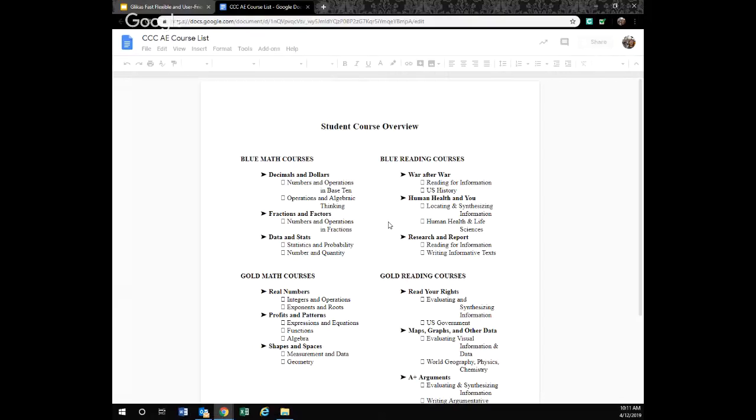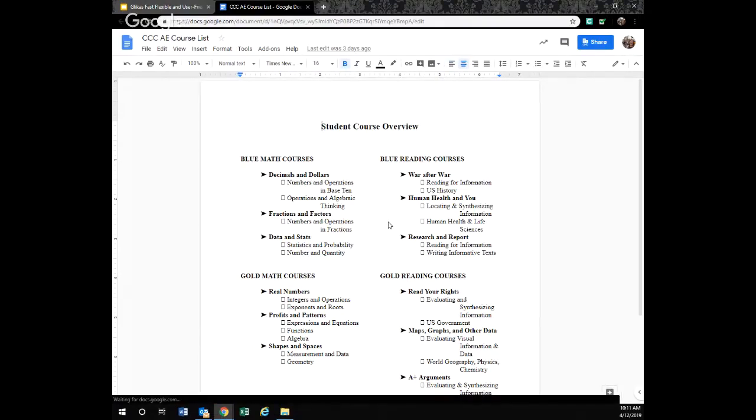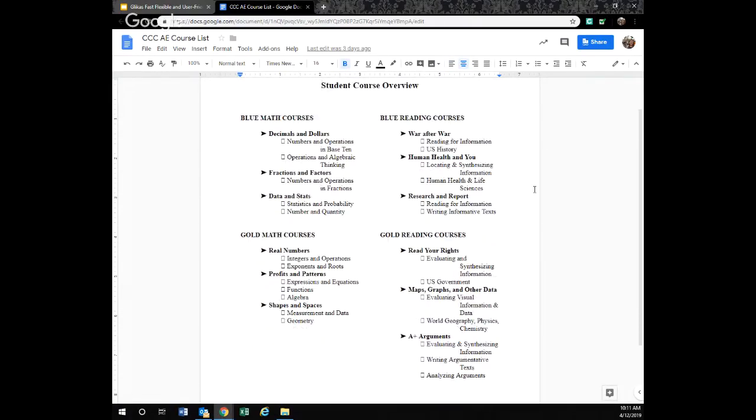And so going into our course overview, this is kind of what it looks like. For our math classes, they're pretty standard. What we've done is we've really embraced that depth over breadth approach. We really focused in on what skills we were seeing over and over and over again on the HSE exams and also in those transitional and entry-level college math classes. Our blue math courses are all about developing students' number skills, so their arithmetic skills.